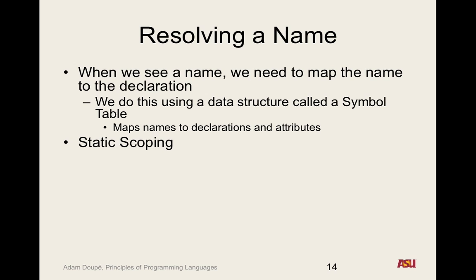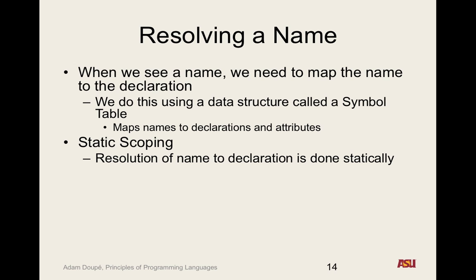Like it says in the name, the resolution of a name to a declaration is done statically at compile time. The way I like to think about this with a symbol table is that the compiler creates the symbol table as it's going through the code, so it knows how to resolve future references back to the declarations. So it's all done statically at compile time.